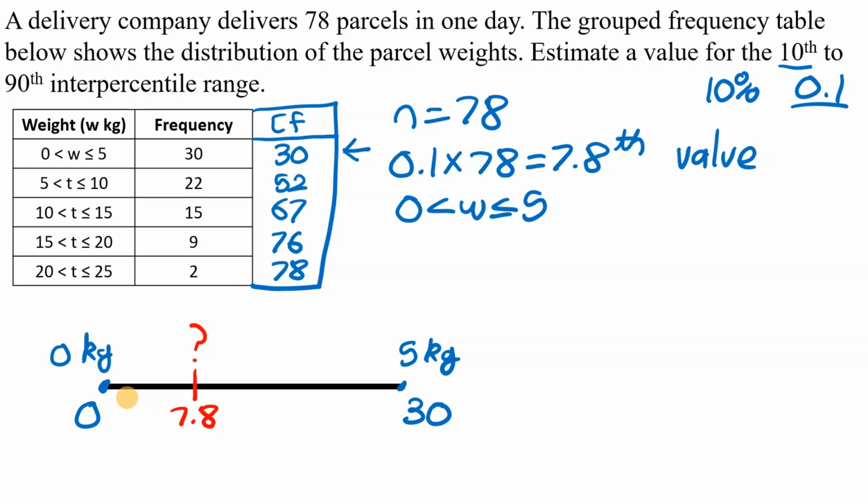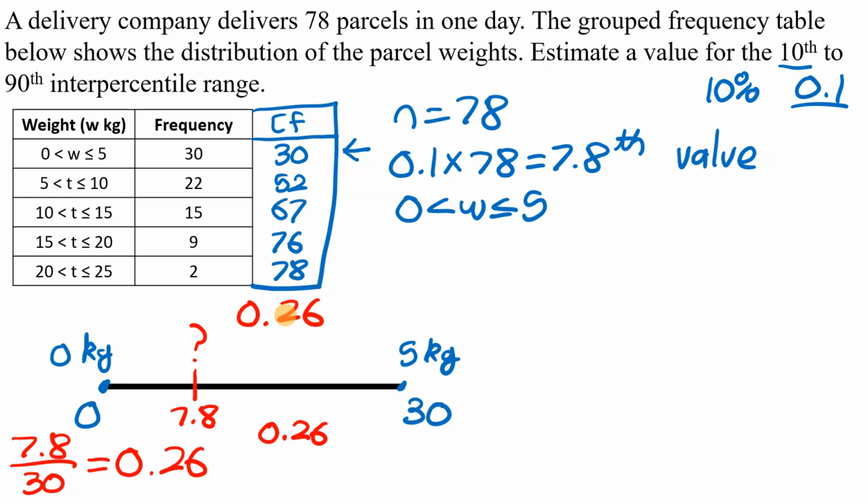Okay, so we need to find how far along this interval 7.8 is, what fraction along this interval it is. So the way that we're going to do this is 7.8 divided by 30, which if you put this into your calculator is equal to 0.26. So this is how far 7.8 is along this line between 0 and 30, and this is going to be the same on this side of the line as well.